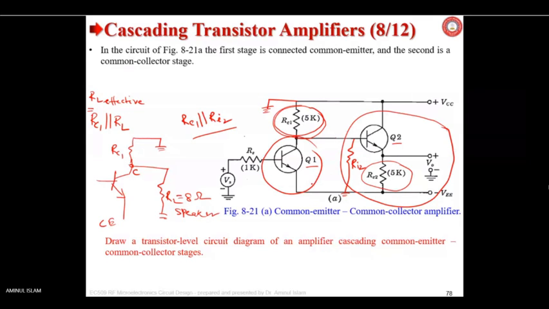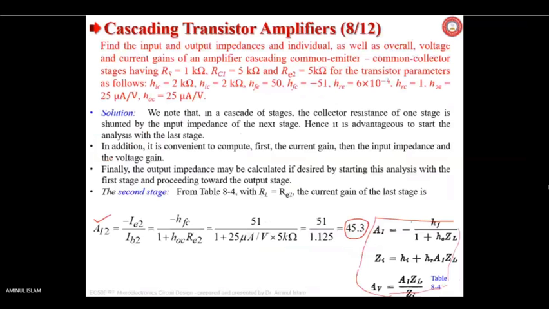Now it is understood, Bushra? So the load for Q1 is nothing but the parallel combination of RC1 and RI2, where RI2 is the input resistance of Q2. Is my statement correct? Yes or no?